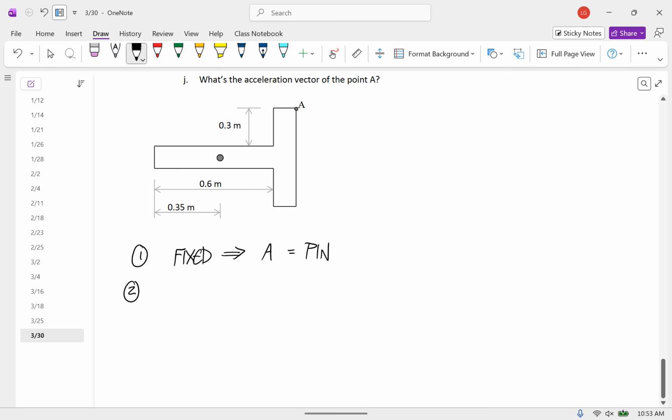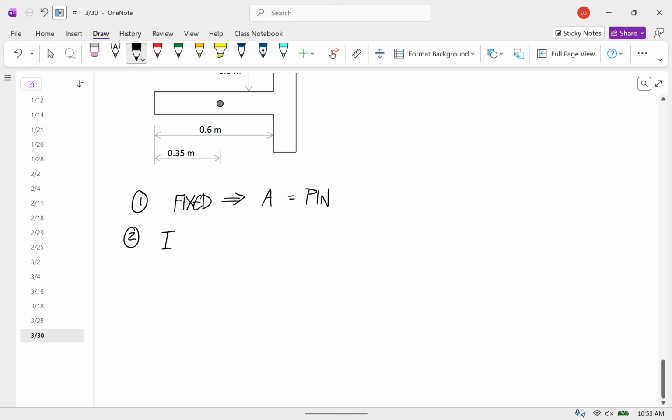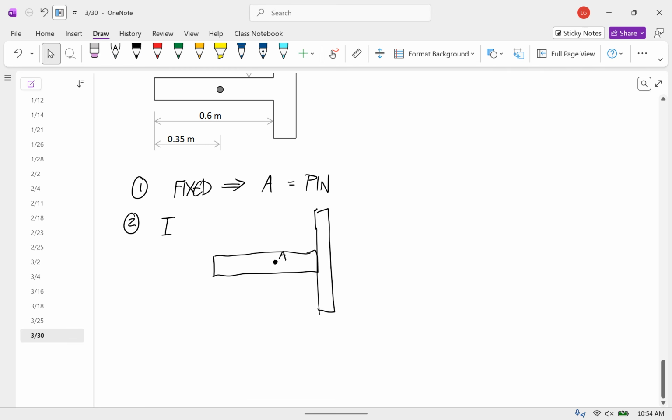Okay, so for the moment of inertia, we'll set this up as one rectangle here, and we want the moment of inertia about a point here, like this is our A. I'll call this rectangle 1 and this rectangle 2.